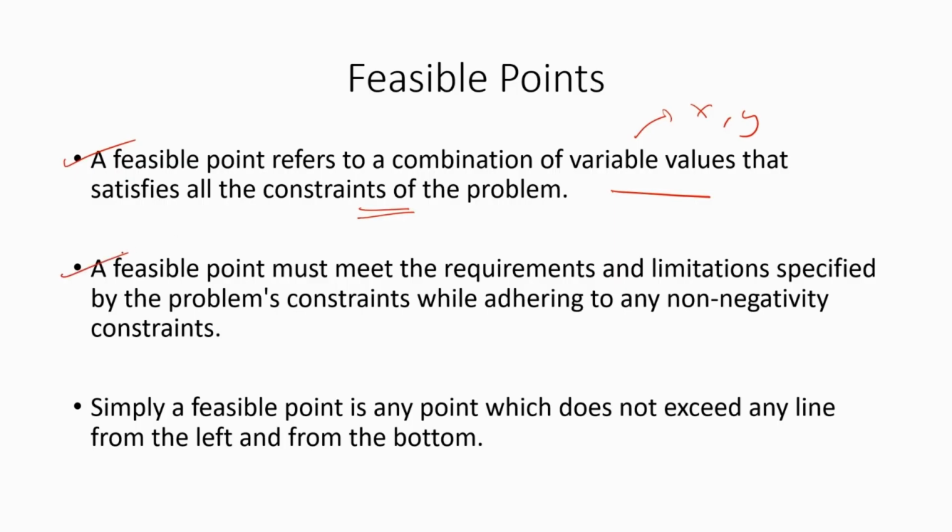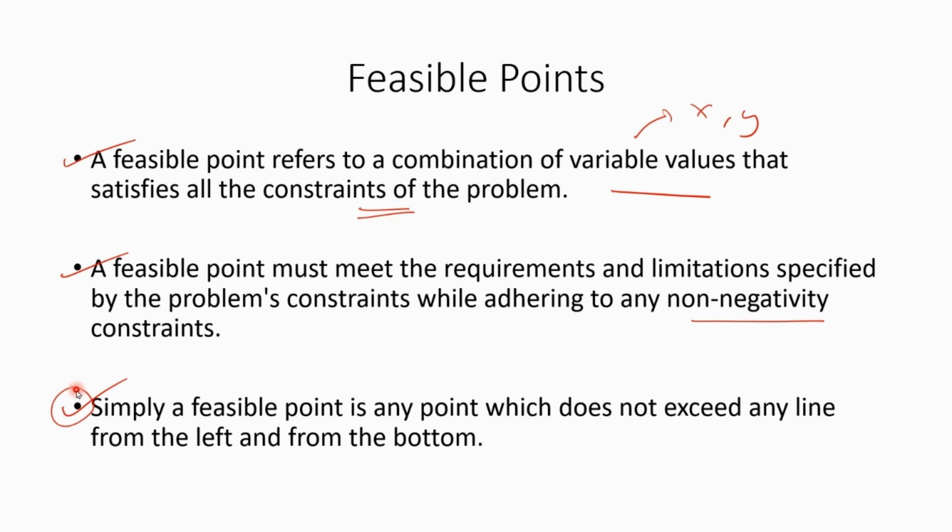A feasible point must meet the requirements and limitations specified by the problem's constraints while adhering to the non-negativity constraints. Simply, a feasible point is any point which does not exceed any line from the left and from the bottom. This is how we can identify the feasible points using a graph.